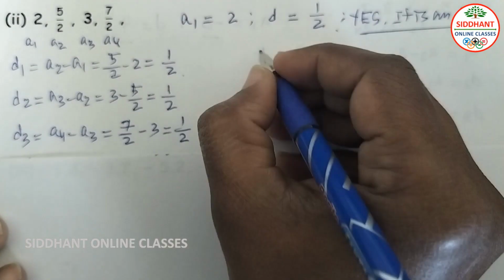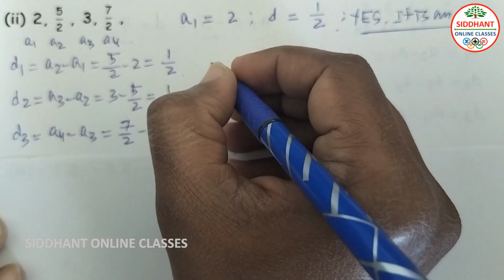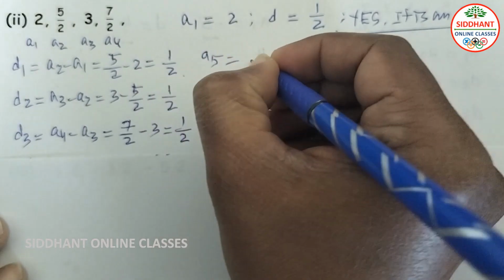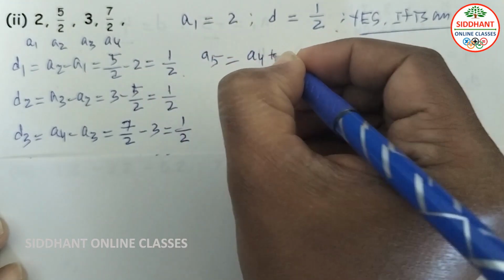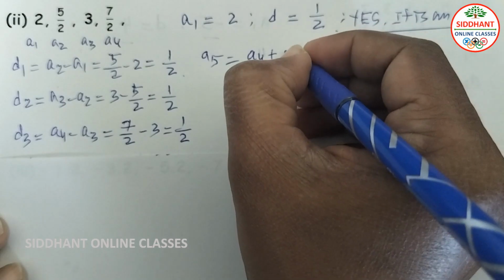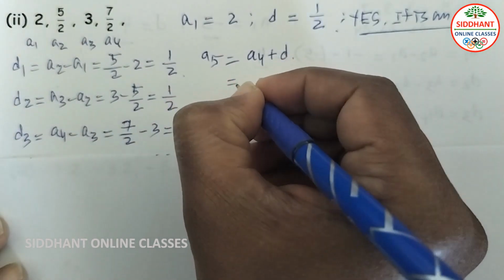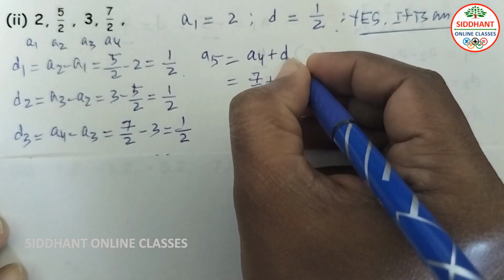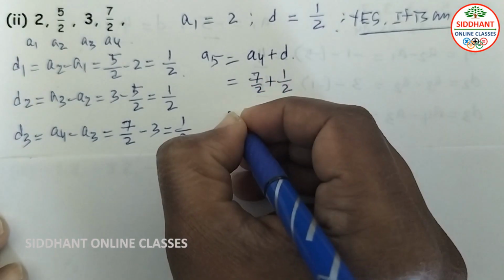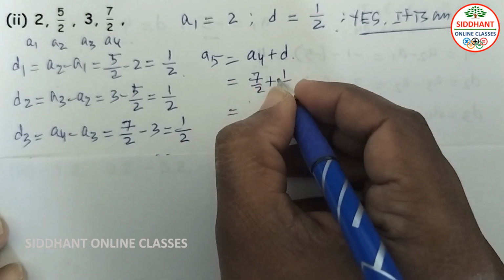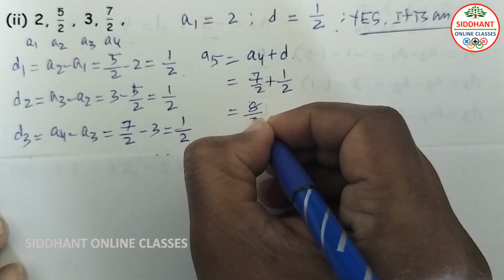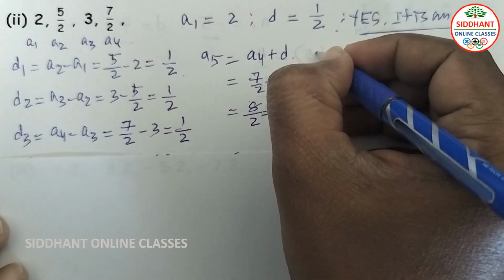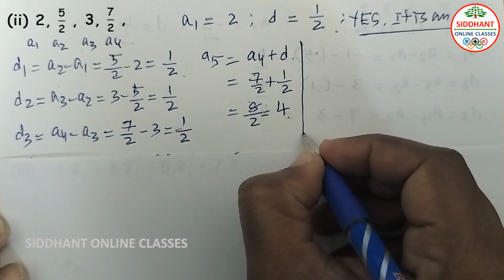Now in the question they asked to write 3 more terms. Write 3 more terms means next to A4, we write A5, which will be equal to A4 plus D. A4 is 7 by 2 and D is 1 by 2, that equals 7 plus 1, 8 by 2, that equals 4.